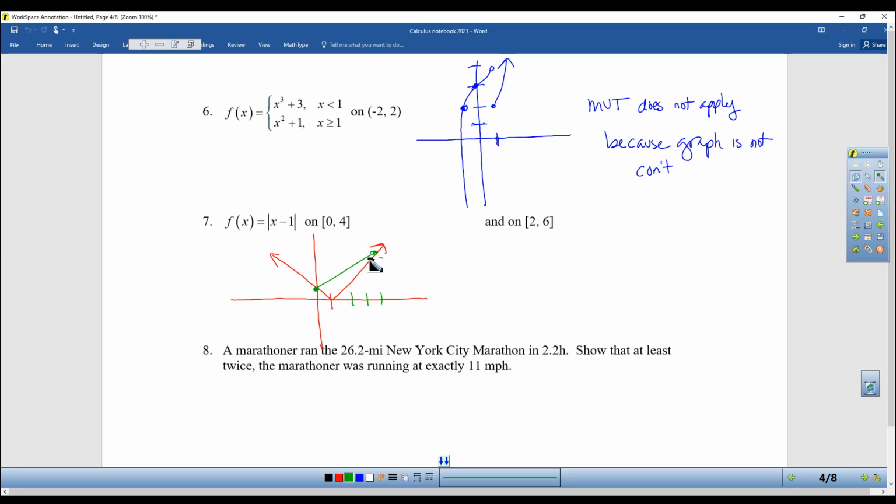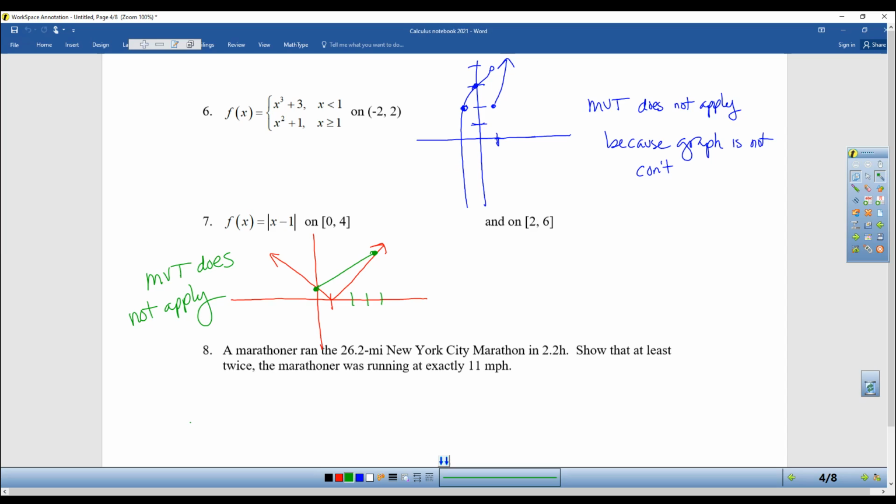It does have a slope, but that is not the average slope because it has a slope of -1 and then it has a slope of +1. But this slope doesn't necessarily mean that it's somewhere it obtains that slope. In fact, I can see that it doesn't. It's either -1, or it's +1. It is never going to be that slope. That's because the mean value theorem only applies if it is both differentiable and continuous.